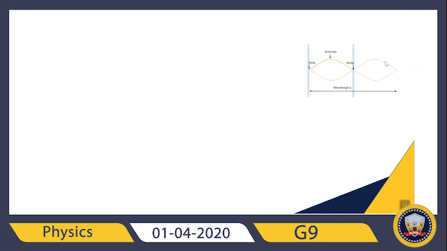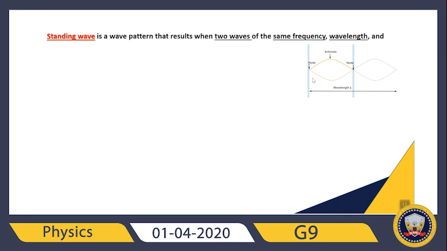A resultant wave occurs. Again, when two waves with the same wavelength, frequency and amplitude travel in opposite directions and overlap, the resultant wave is called a standing wave.